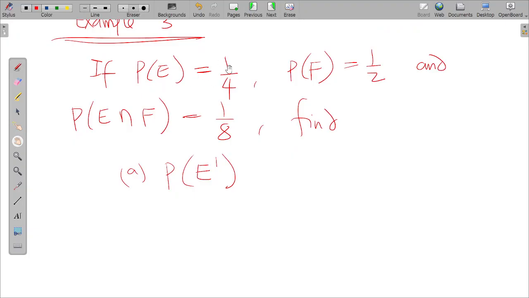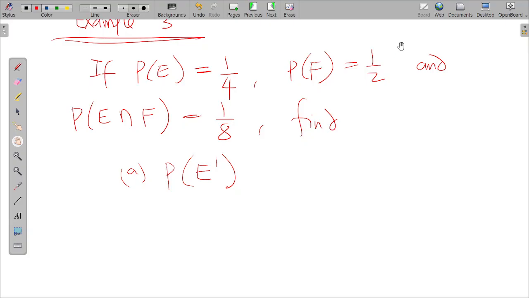P of E is given as 1 over 4, and P of F as 1 over 2. Now we are asked to find P of E complement.